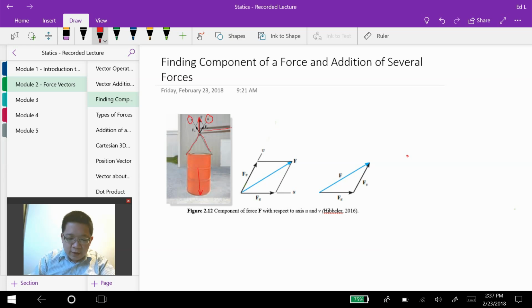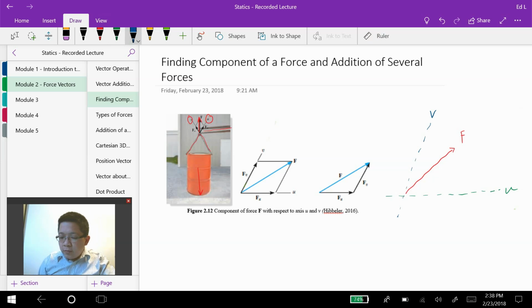For example, if I resketch these forces again, I have my force F sketched right here, and then I have my axis U, and then I have my axis V, and notice that U and V are not perpendicular to each other.